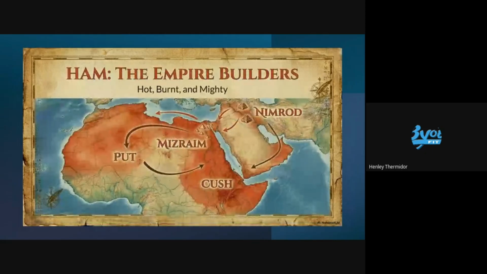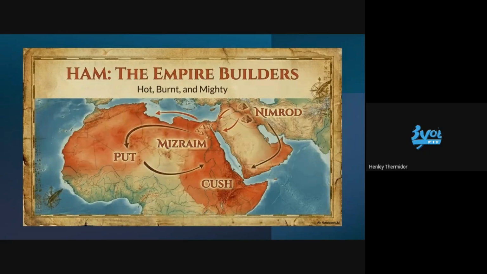Ham had four sons. He had Cush, Mizraim, Put, and Canaan. Now, as you know, he pretty much populated Africa. More importantly, Egypt, Ethiopia, Cush, and the land of Canaan, which is in the Middle East.